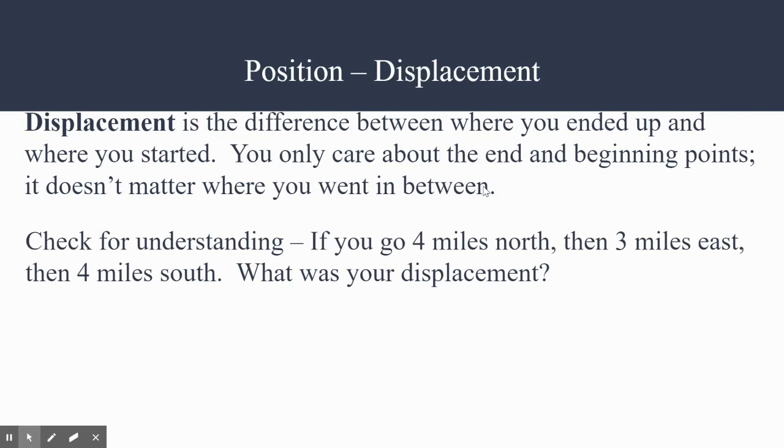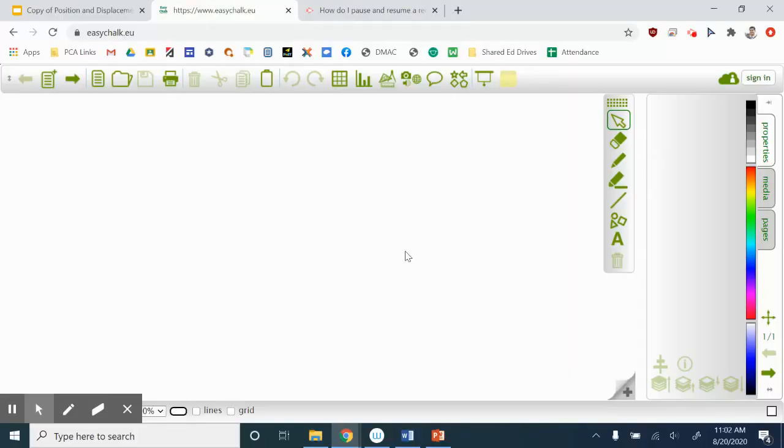So what we're going to do now is take another scenario and find its displacement. On this one, we're going to go 4 miles north, 3 miles east, then 4 miles south. So I'm going to scoot over to my whiteboard and we'll see what this looks like. Okay, so here we are back at my whiteboard.